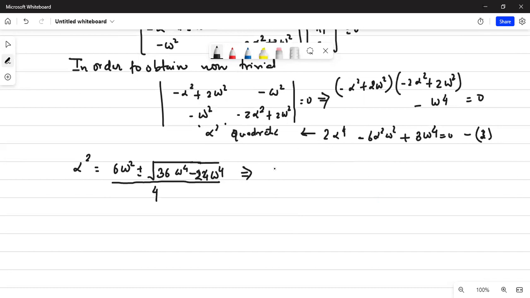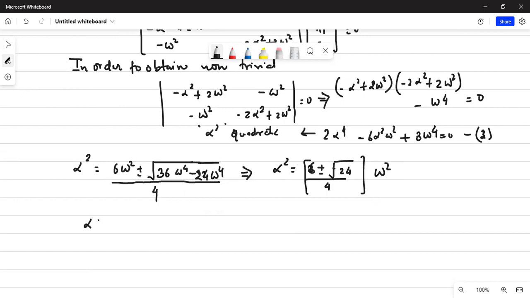So what you'll get is alpha square equals 3 plus minus root over 24. 24 is 4 into 4 into 6, or you can write 3 into 8, that will also do. So let me write it as 24 only right now, and then I'll see how to make it easy. So this is how it is. Okay, now what would be your alpha?